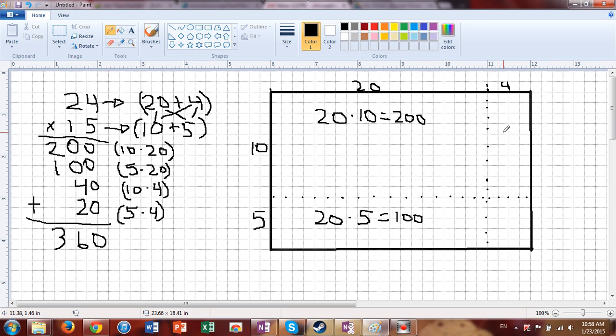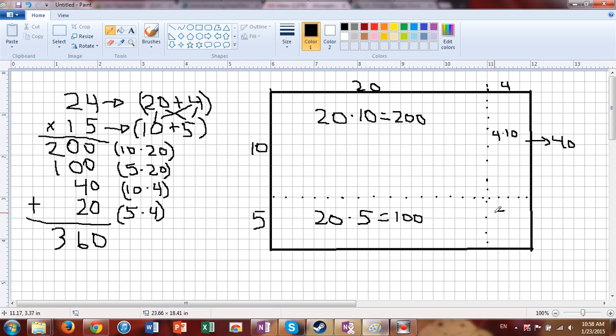Then we will come over here and we have 4 units by 10 units down, and that would be 4 times 10, which of course equals 40. I'll write that right over here. This is the 40. Count them up. There are 40. And that leaves us our last partial product, and that is 5 units by 4 units.